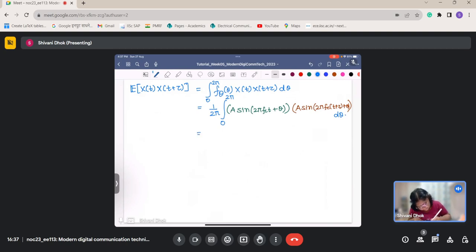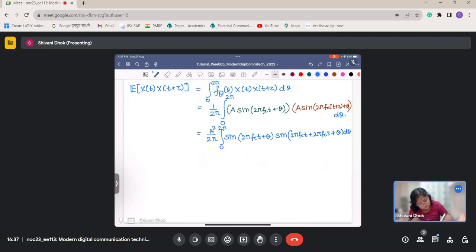So I can write this as 1 upon 2 pi integral 0 to 2 pi, this a square is constant, I can take it outside, sine of 2 pi fc t plus theta into sine of 2 pi fc t plus 2 pi fc tau plus theta, d theta.